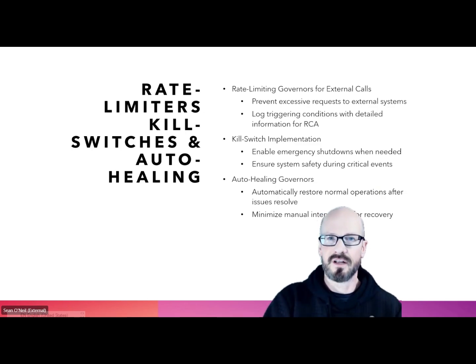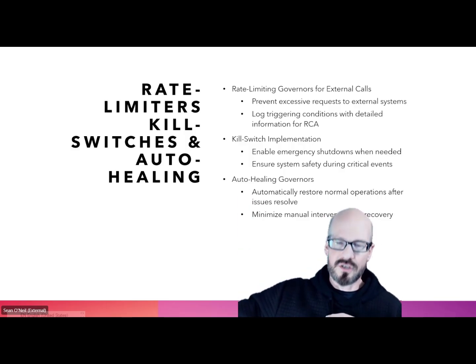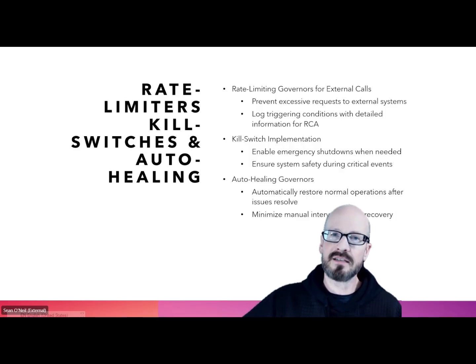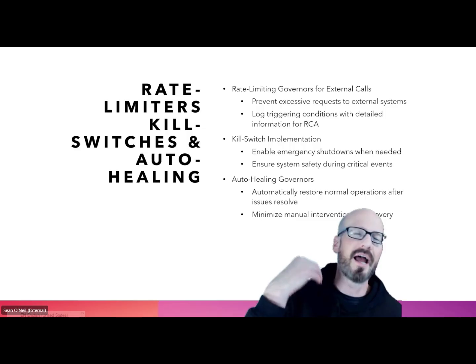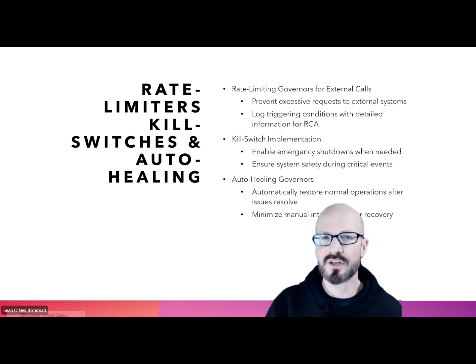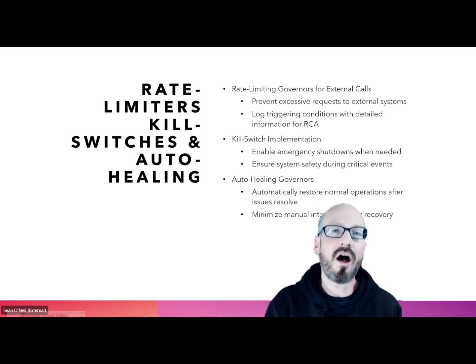Now monitor that connection and see, did it heal? Did that system that you were calling into start to perform as expected again? And the response time goes back down into the expected range, and your throughput once again is hitting your expected range, then automatically turn that governor off.